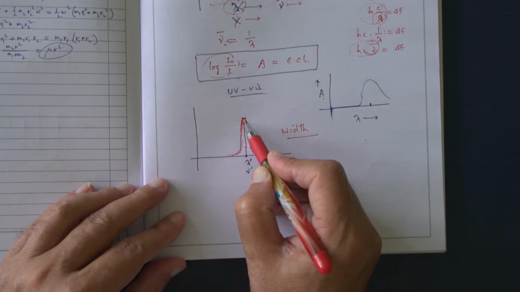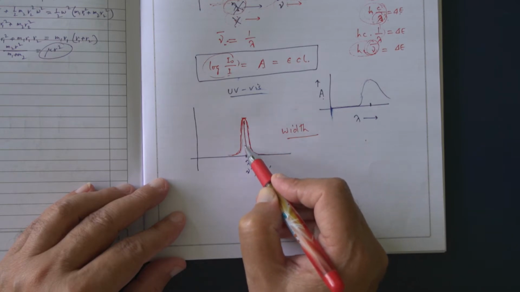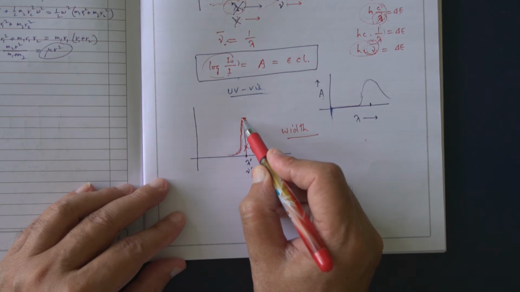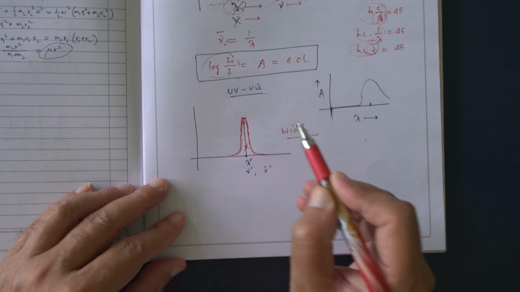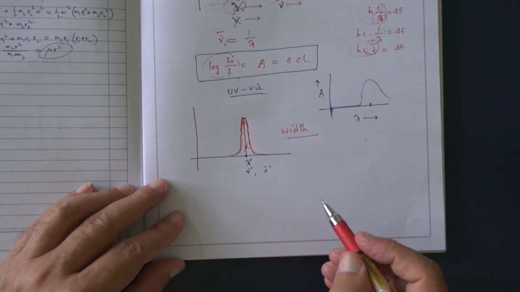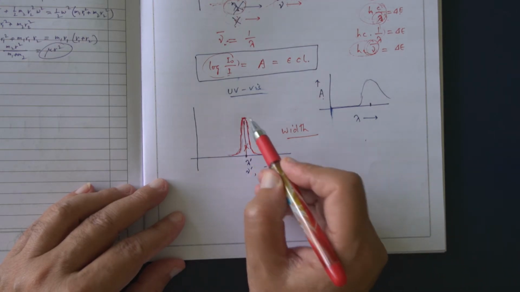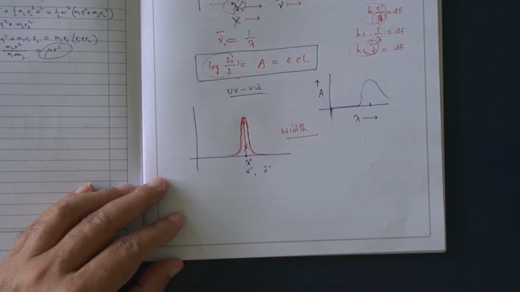But we do not get this, we get this. So there is a certain width of the spectral line. Now why is there a certain width of the spectral line? Let us see that.